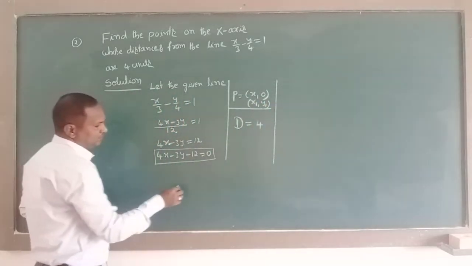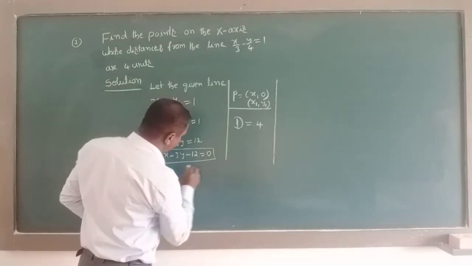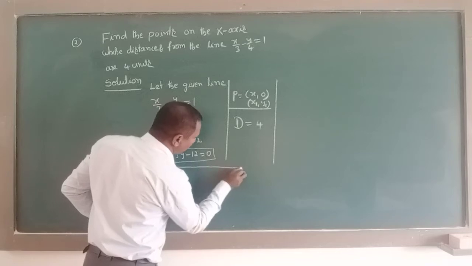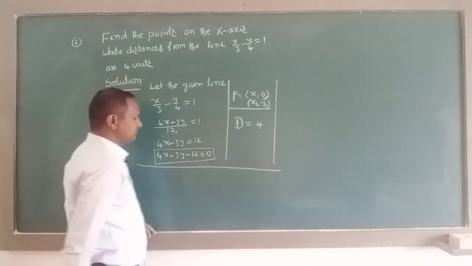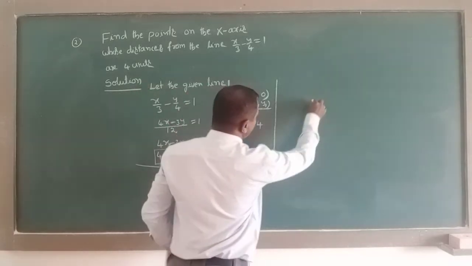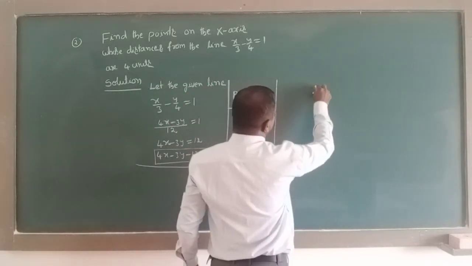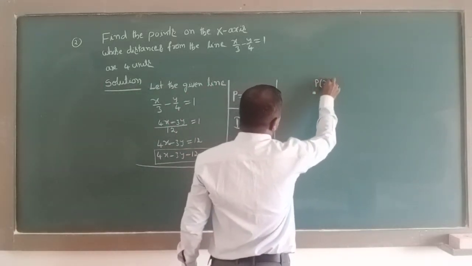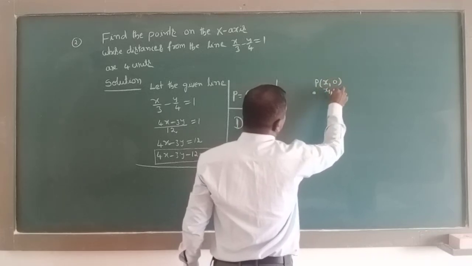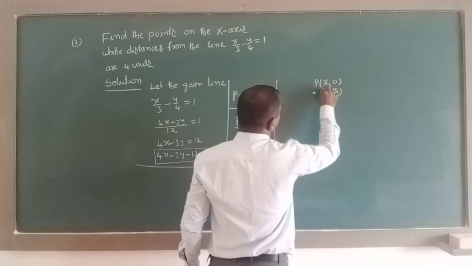See diagrammatically, I am showing here, the point is P, x comma 0. That's why we considered coordinates of P as x1 comma y1 here.